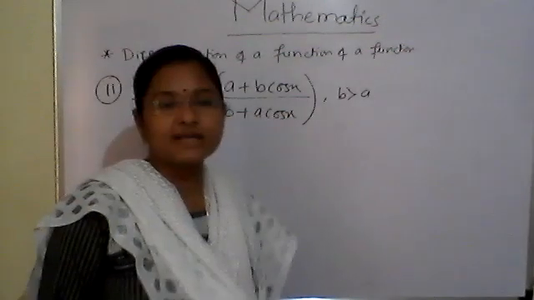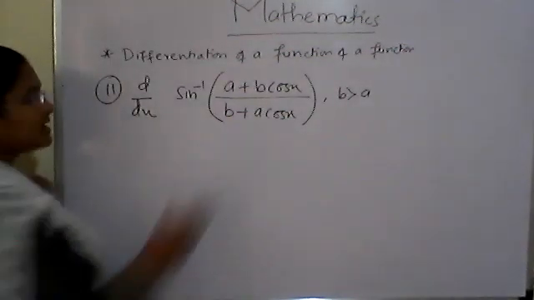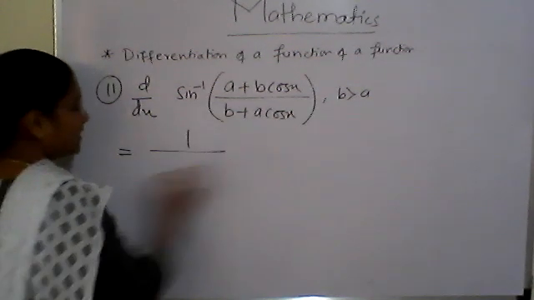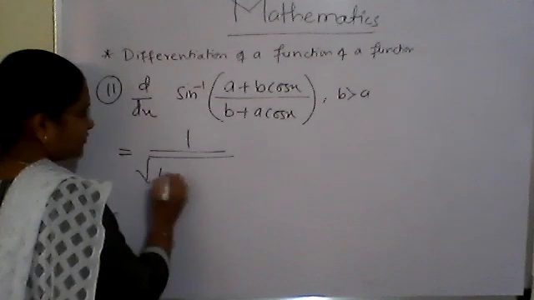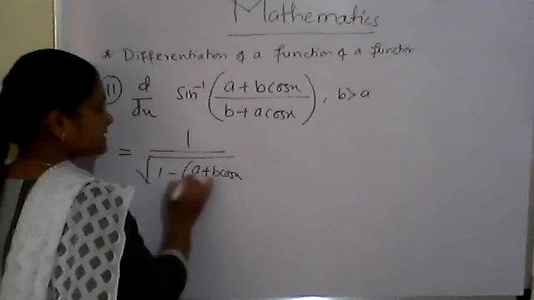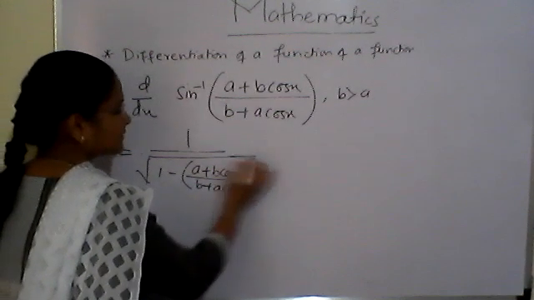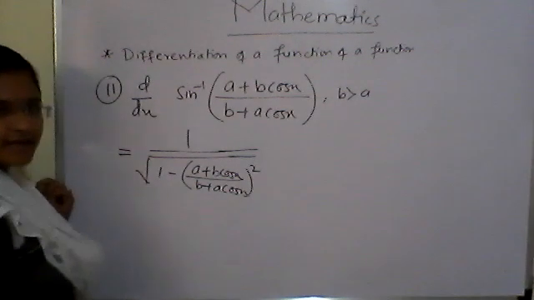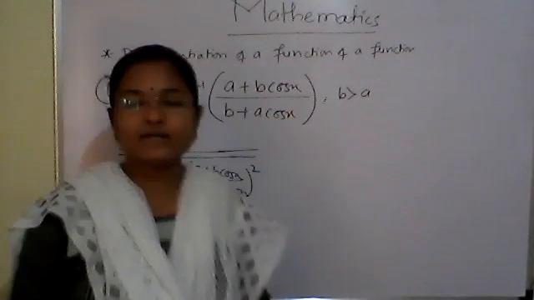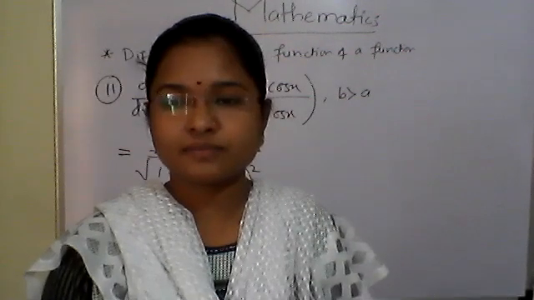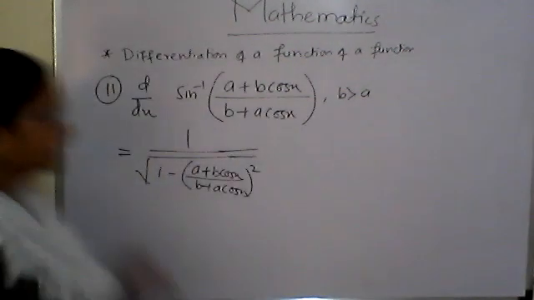Getting? So what is the derivative then? 1 upon square root of 1 minus (a plus b cos x upon b plus a cos x) whole square. Is it correct? Yes, correct, ma'am.